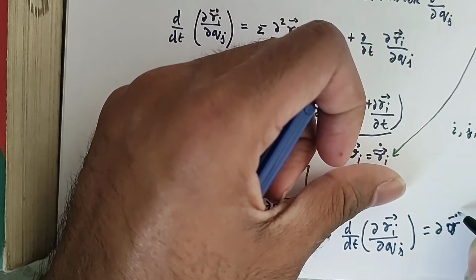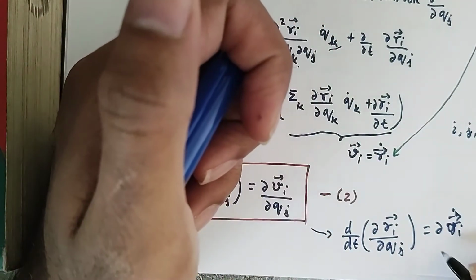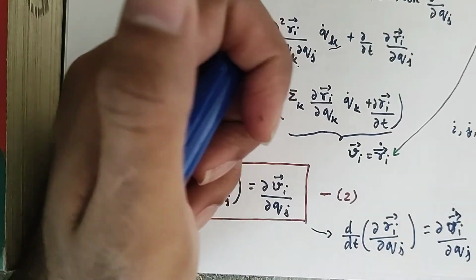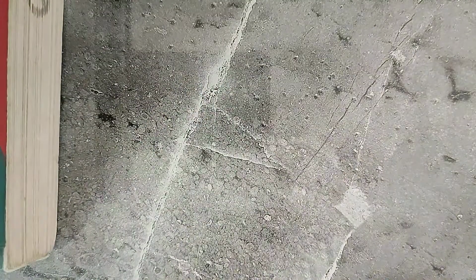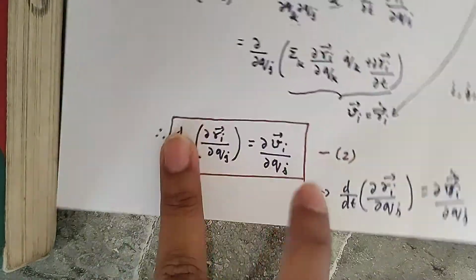Also writing in Leibniz notation. Okay, this is the same, just writing the velocity as r dot. Now I'm going to emphasize, so this is my second identity, right?